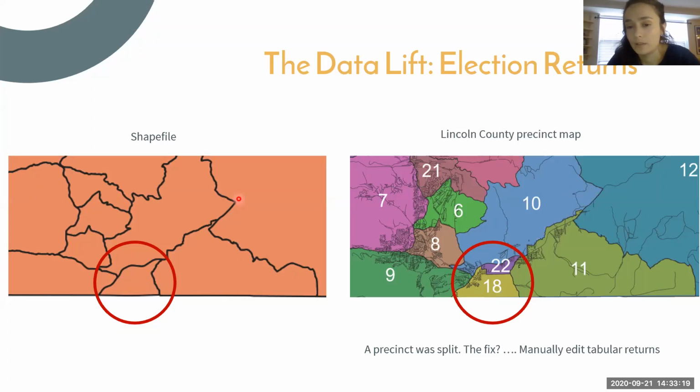So you'd have to go into any county that has these sorts of discrepancies and fix it by hand. In New Mexico, it wasn't so bad. There were only a handful of counties that had this problem. But you can imagine in places like Ohio, where you're stitching together shapefiles county to county, they might not even be all from the same timestamp, how arduous this piece of the process can be.